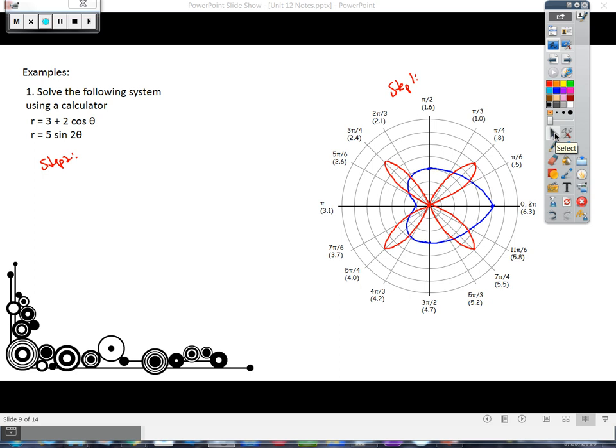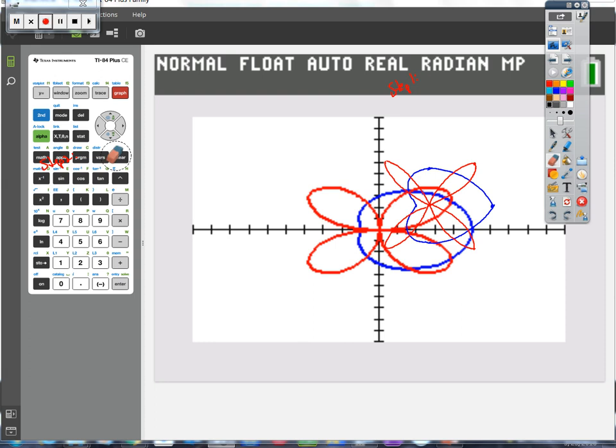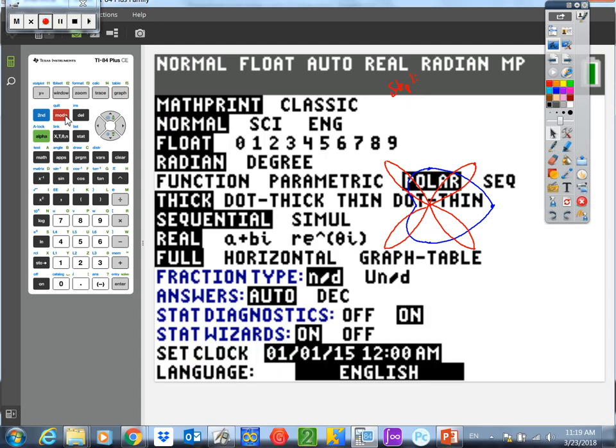So let's go back to our calculator and go into function mode. Move this out of the way.